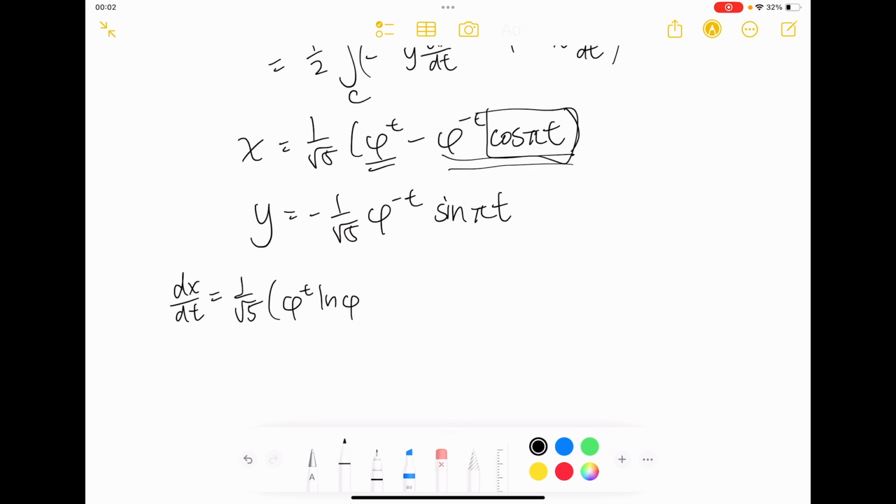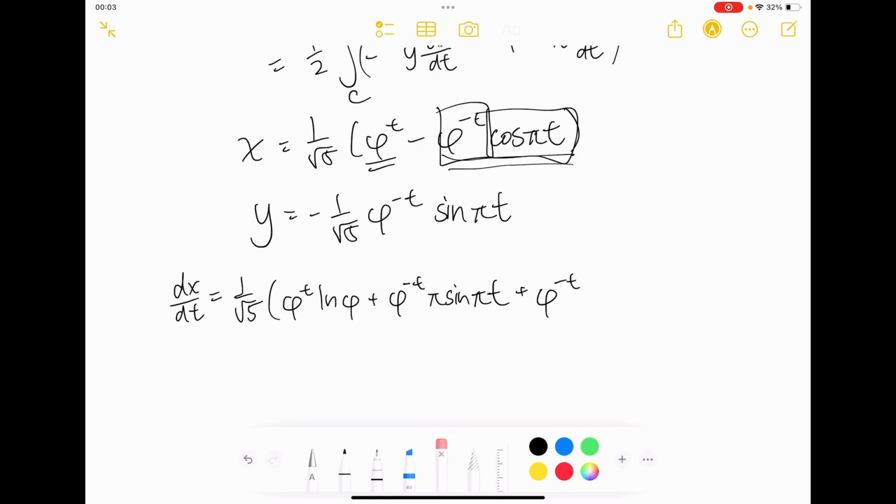The derivative of cosine is minus sine, which negates that minus sign, so that's going to be sine pi t, but we have to pull out a pi because there's a pi inside, so pi sine pi t. And differentiating this bit, we're going to get minus, so that's plus phi to the minus t.